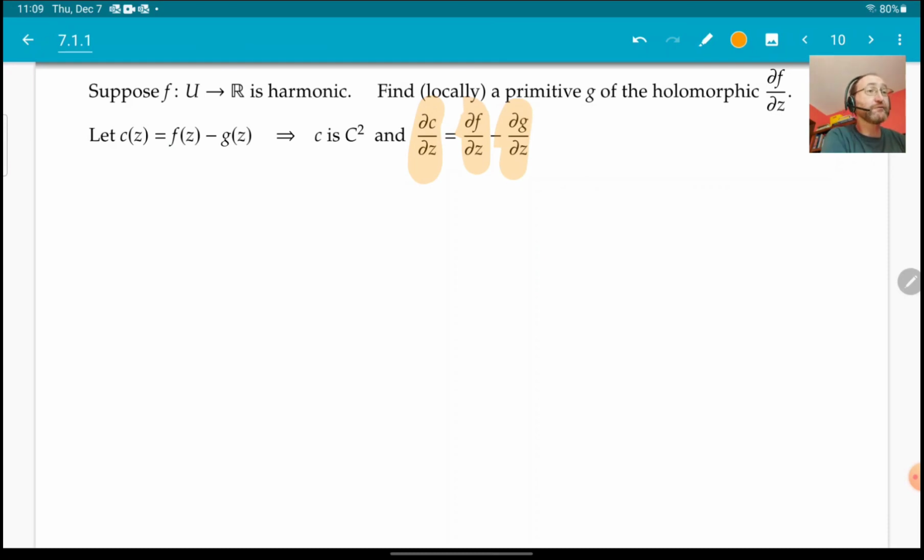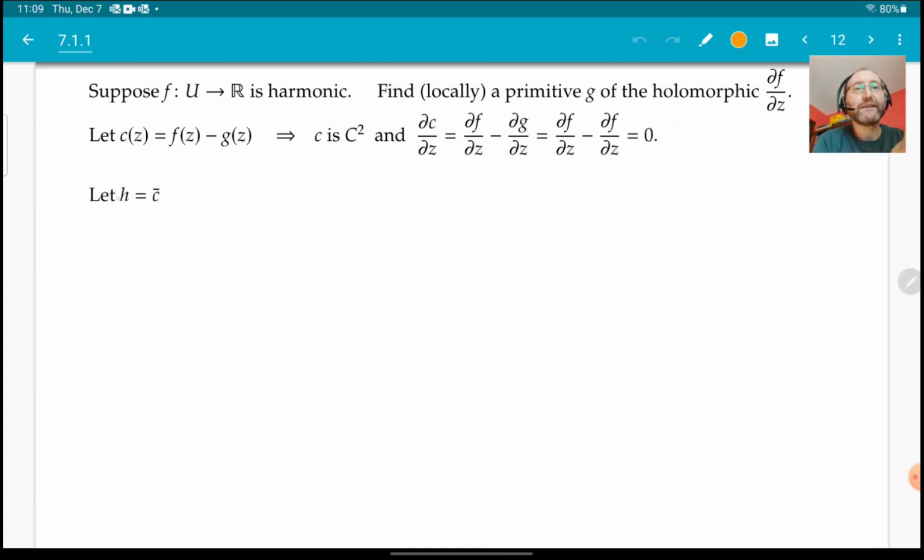Now, the z derivative of g is just equal, because g is holomorphic. f is not holomorphic, I can't say anything about that. But g is holomorphic, so it's actually just its regular derivative. And I know that that's df/dz. Therefore, it's 0, right? So we have that the z derivative of c is 0.